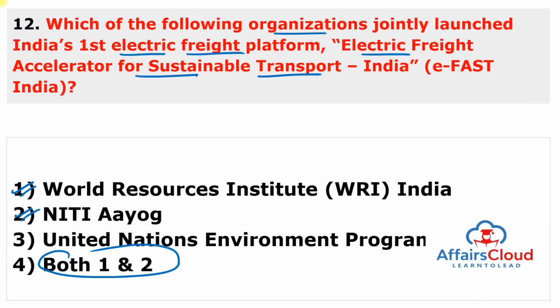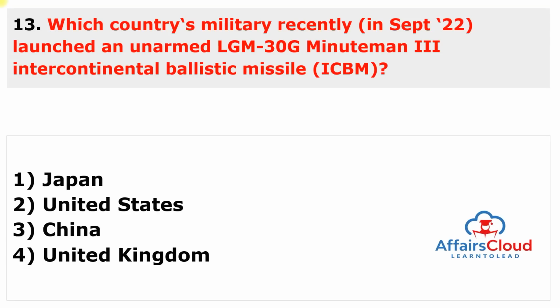The eFAST India platform is supported by the World Economic Forum platform and also Rocky Mountain Institute for bringing different stakeholders together from across the freight ecosystem. So, just remember India's first electric freight platform is known as eFAST India, where E stands for electric, FAST means freight accelerator for sustainable transport.